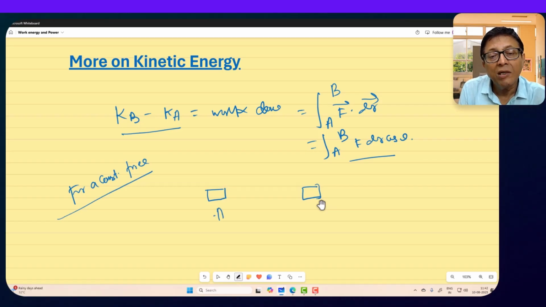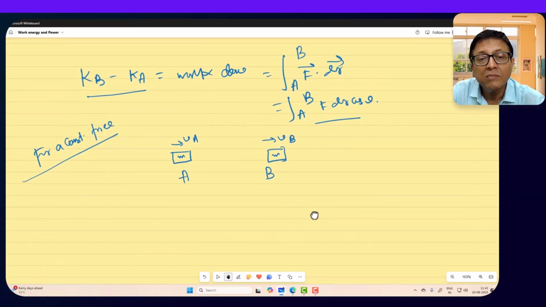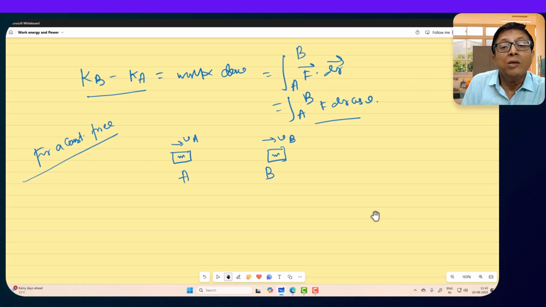A constant force F acting on a particle of mass m to take it from A to B. Here the velocity is Va and here the velocity is Vb. So force is responsible. We can imagine that there is an acceleration or deceleration, but the calculation will not matter.